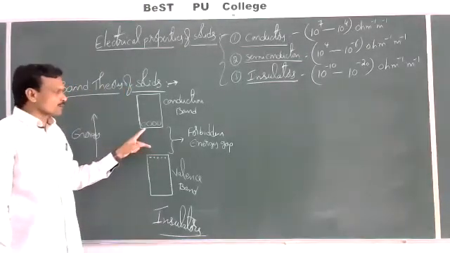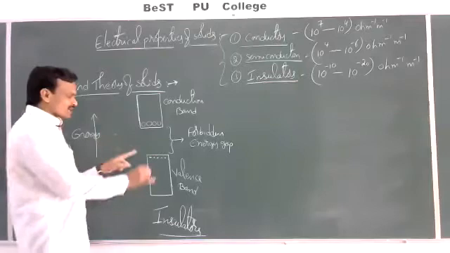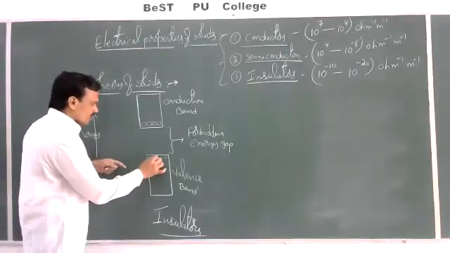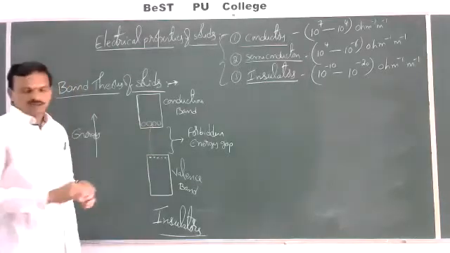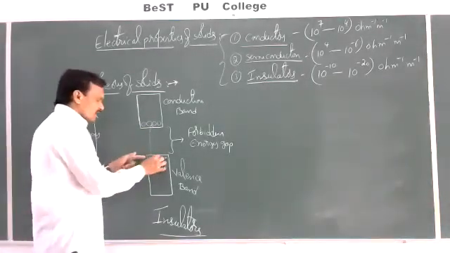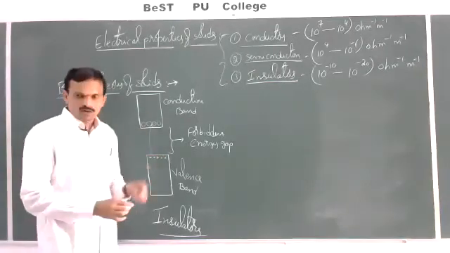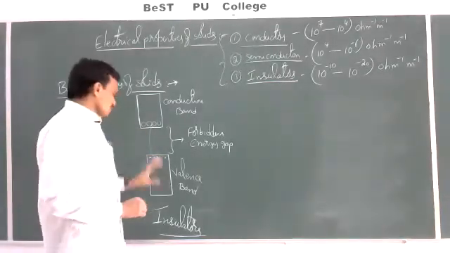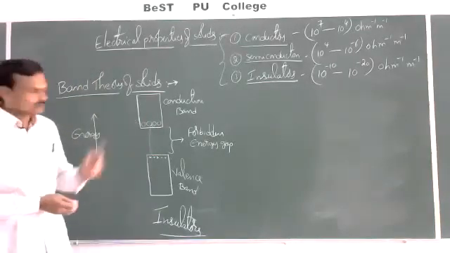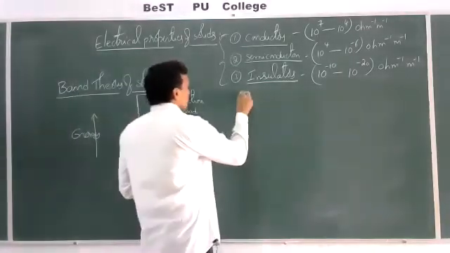Since the forbidden gap is more, the electrons present here will not jump from the valence band to the conduction band. It is difficult. Since it is difficult for electrons to move from the valence band to the conduction band, these are insulators, meaning they will not conduct electricity.